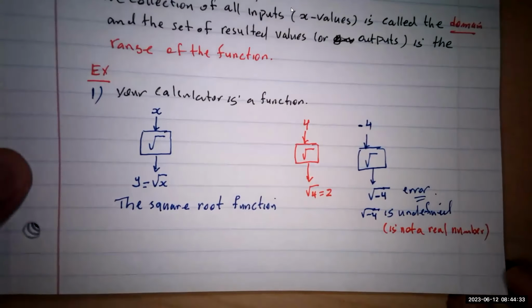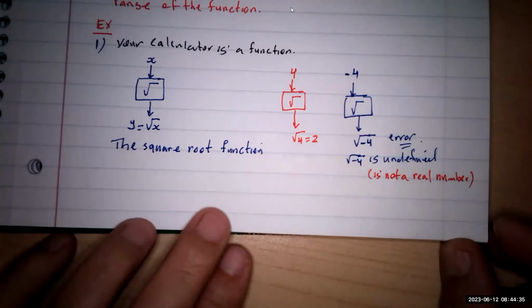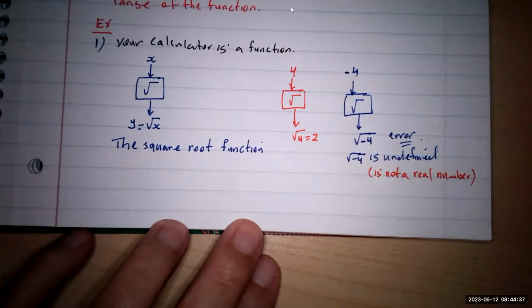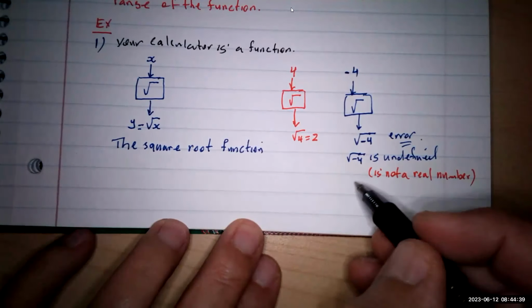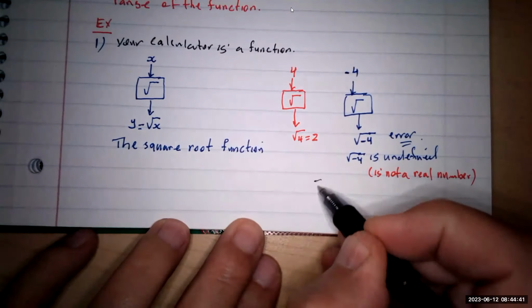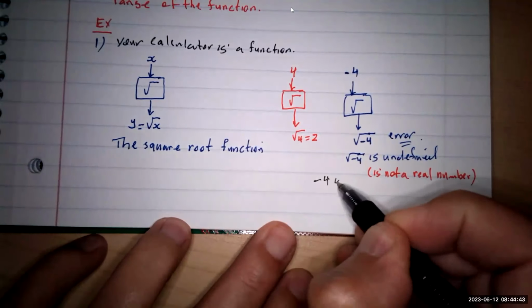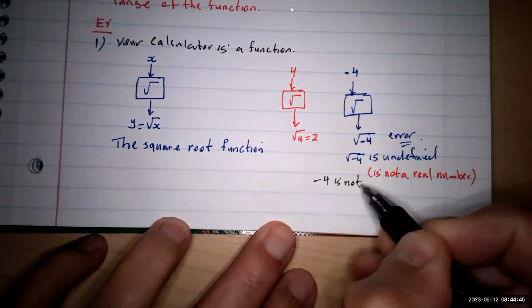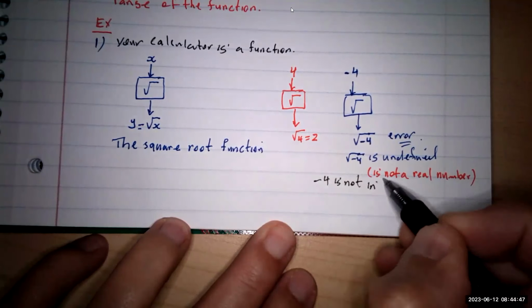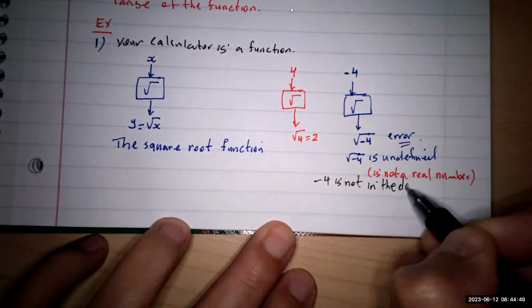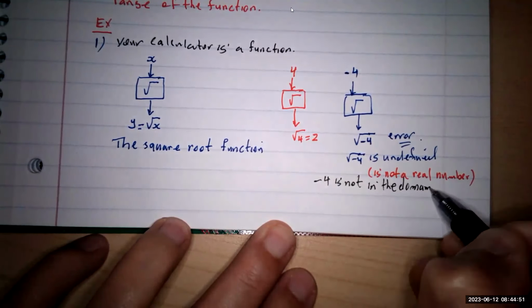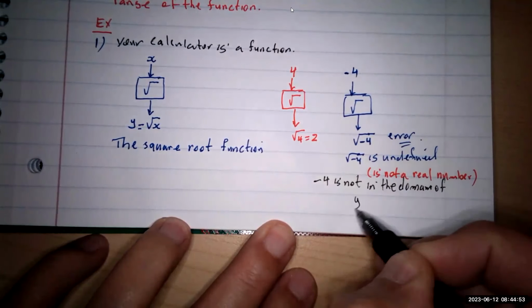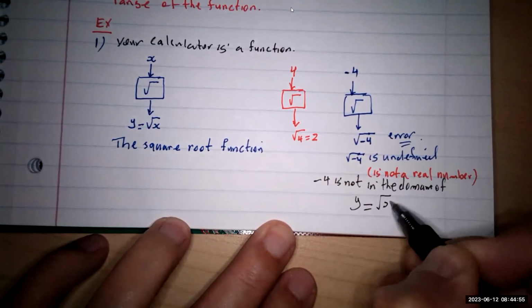What does undefined mean? Undefined means -4 is not in the domain of this function. So -4 is not in the domain of the function y equals radical x.